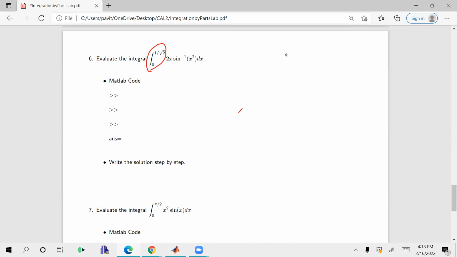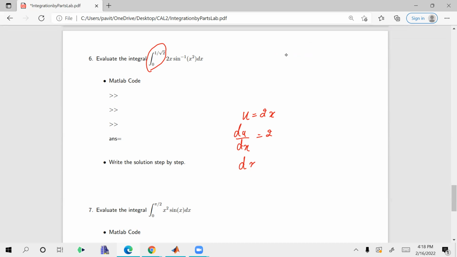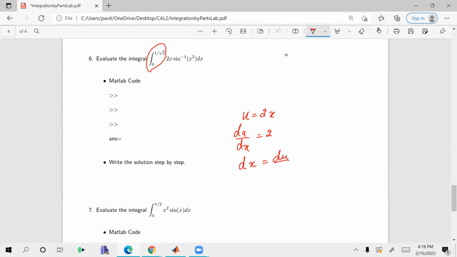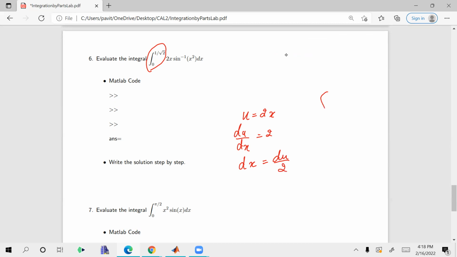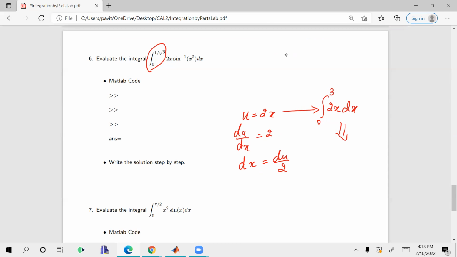For example, if you take u equal to 2x and then you find du by dx, which is 2, and then you find dx, that is du by 2. Now, if you have this type of problem, let's say you have 0 to 3, and you applied u substitution for this. This is just a random example. It's very simple, but let's say you have limits.